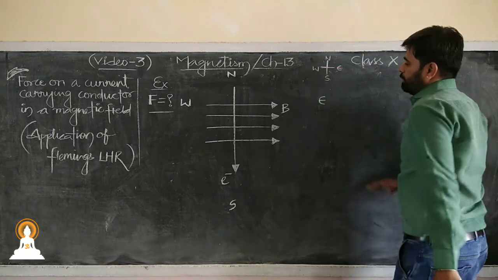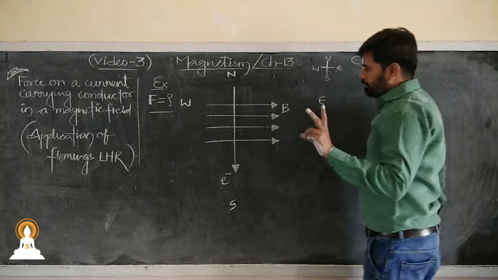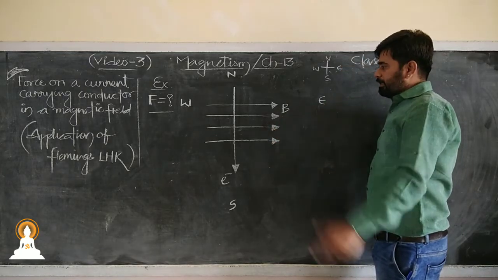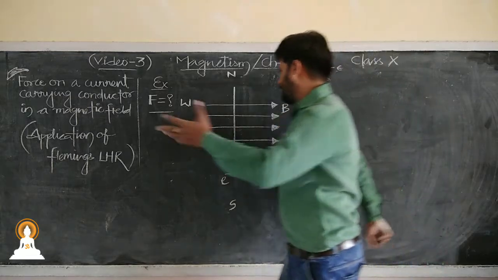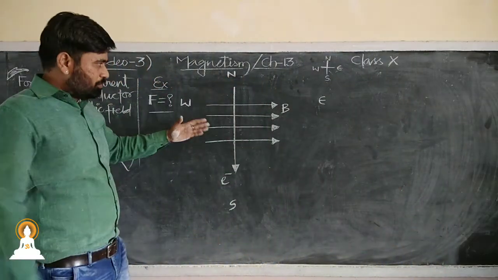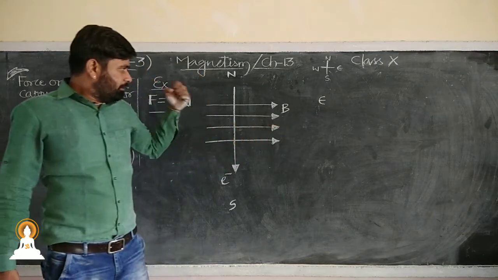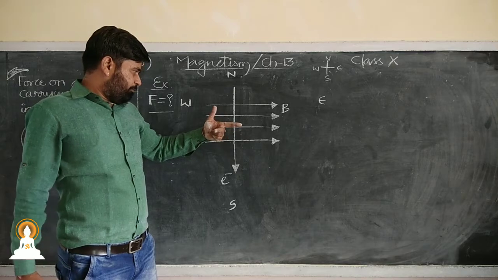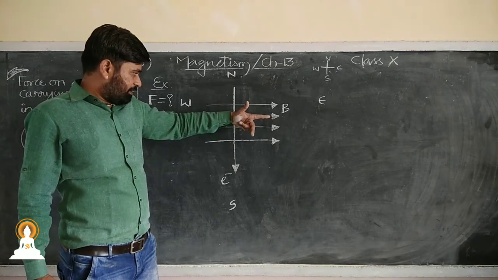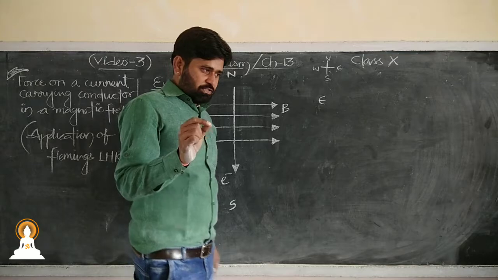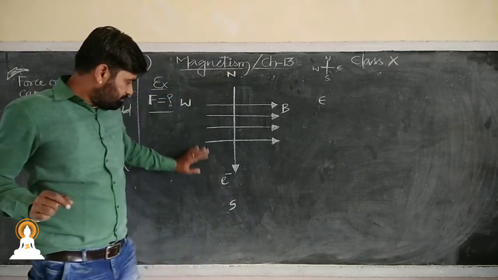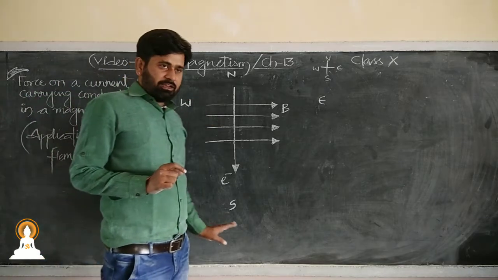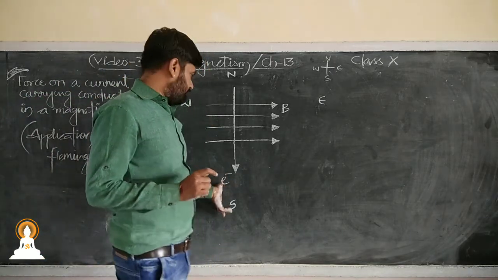Now listen carefully. We know Fleming's left hand rule. What does the left hand rule say? F, B, and I. The thing to be considered here, as we have already done in electricity, is that the direction of flow of current is opposite to the direction of flow of charges, that is, electrons.